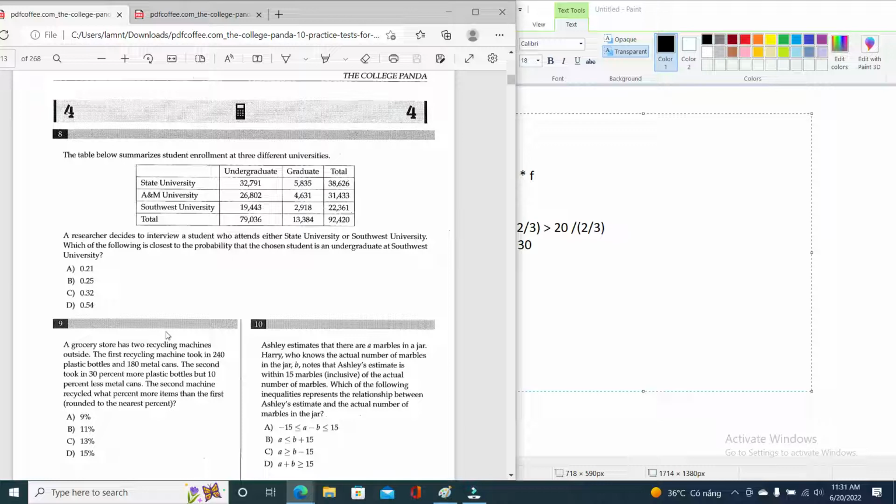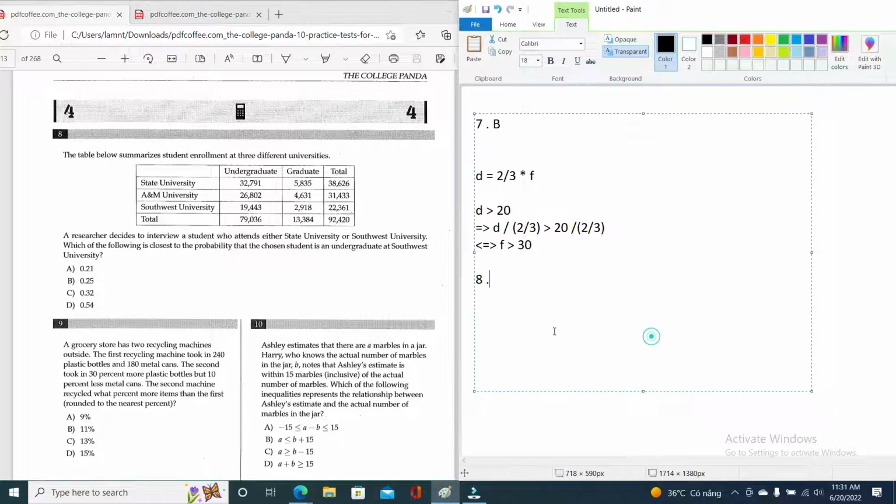Okay, because they only select a student from either State or Southwest University, we have to divide what we select to calculate the probability.